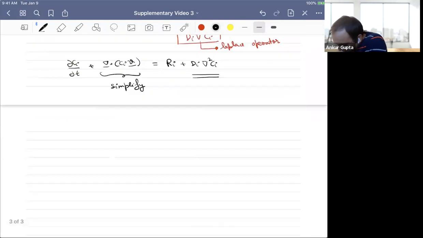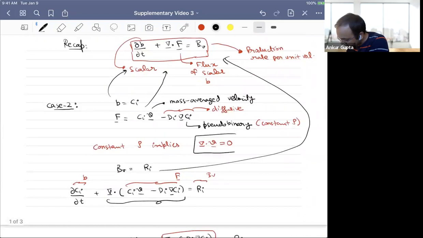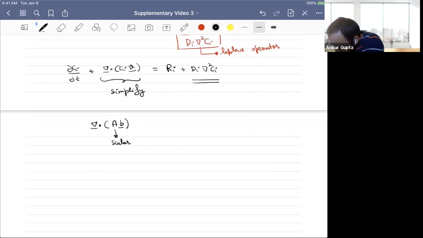To do this, you need to know an identity. We have ci and v, and we want to exploit the property that del dot v is 0, because that comes from the continuity equation. The identity says that if I have a scalar a, then del dot (a b) is equal to a del dot b plus b dot del a.